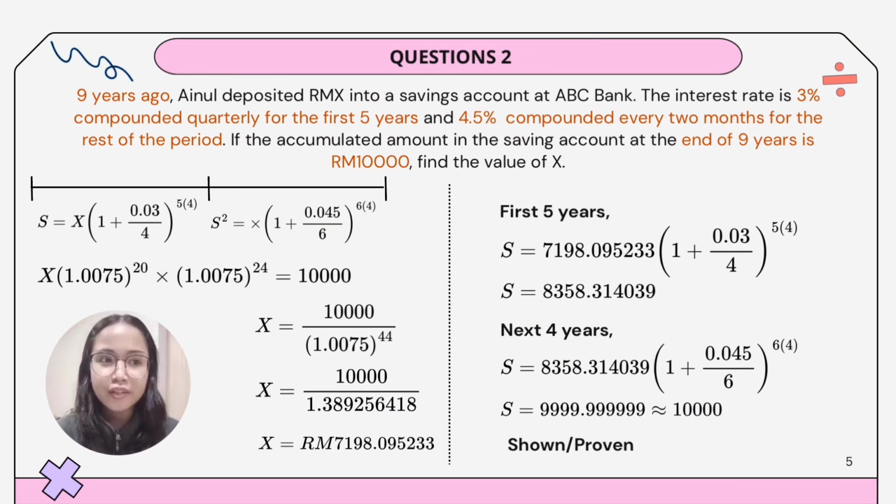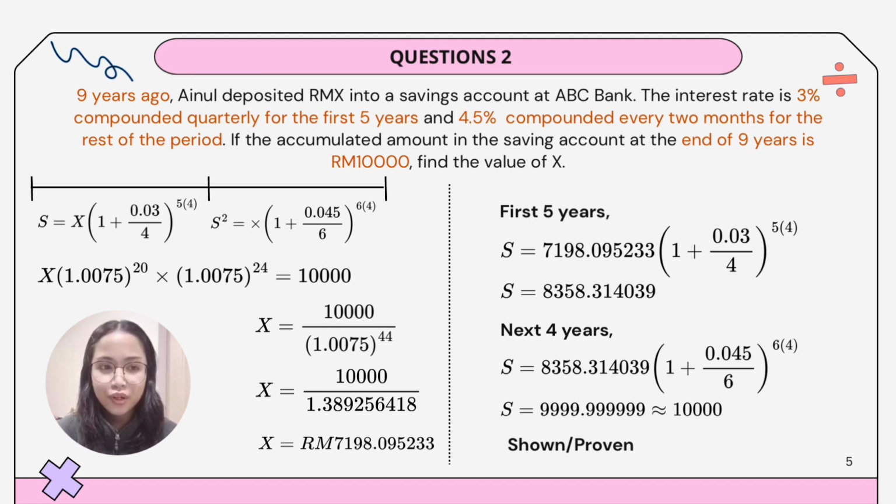We need to find the value of X. First, we need to find the accumulated amount for the first 5 years, where the interest rate is 3% compounded quarterly, so I equals K over M, 0.03 over 4, to the power of 20, because MT is 5 times 4.